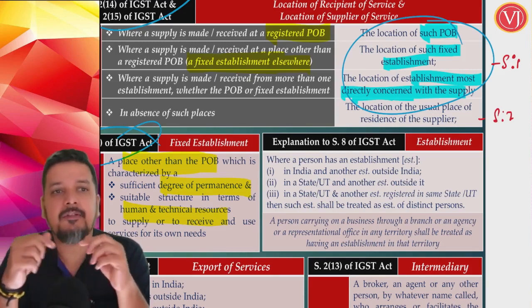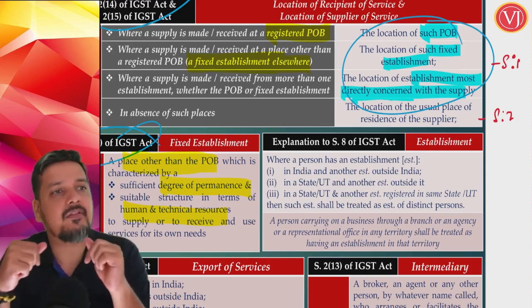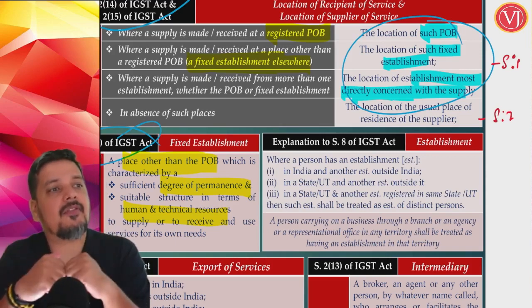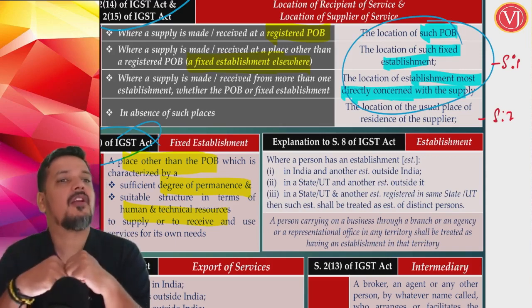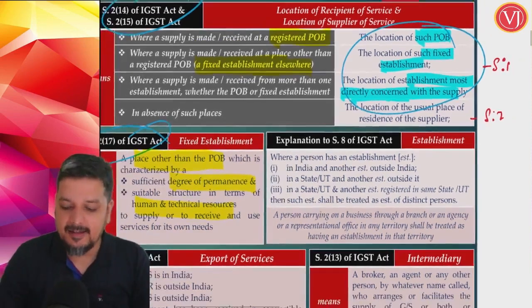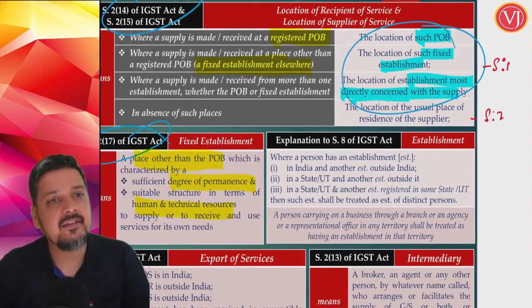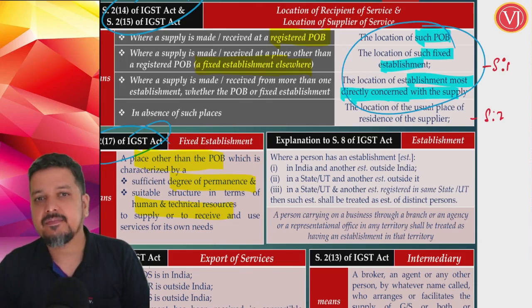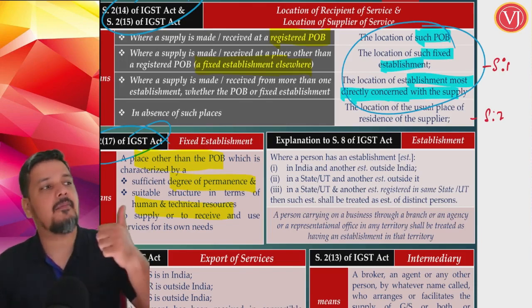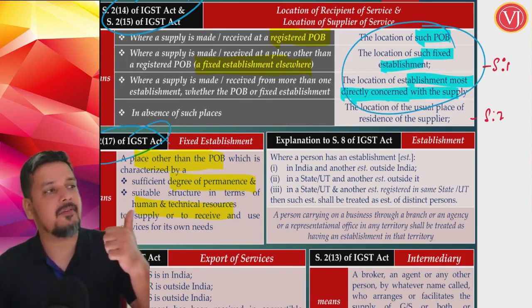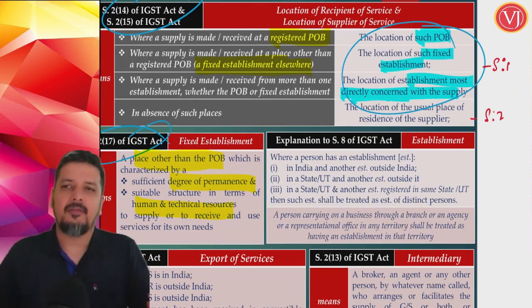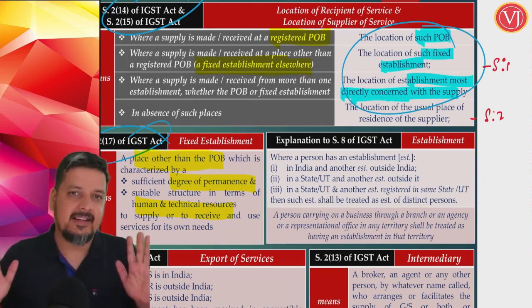Bangalore. If my Coimbatore team is giving that service, what is the location of supplier of service? Coimbatore. Which is more directly concerned, most directly concerned or connected. It is neither the main registered place of business nor the fixed establishment, whichever is most directly concerned.